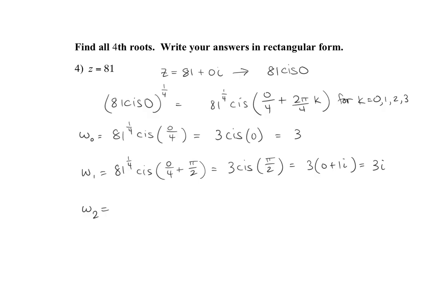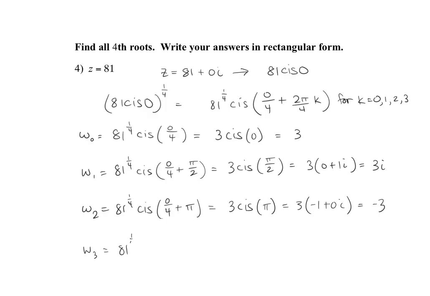In the case where k is equal to 2, then we have 4 pi over 4, which is pi. At pi radians, cosine is equal to -1 and sine is equal to 0. So that's equal to -3. In the case when k is equal to 3, we have 3 times 2, which is 6. 6 divided by 4 is 3 over 2.